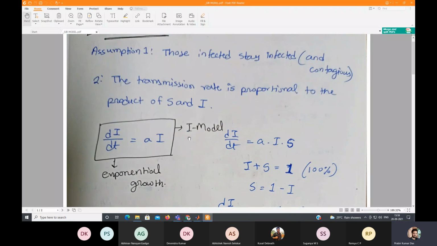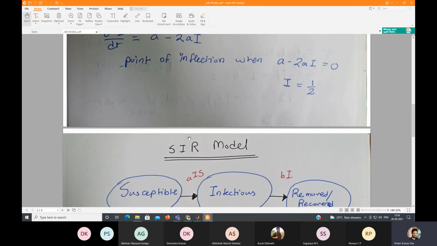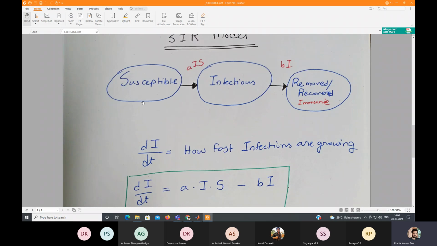Okay, so right now this is the last model, that is our susceptible people. So see, this is the susceptible population. The rate at which susceptible people are getting infected is A into I into S. At this rate, susceptible people are getting converted into infectious people.